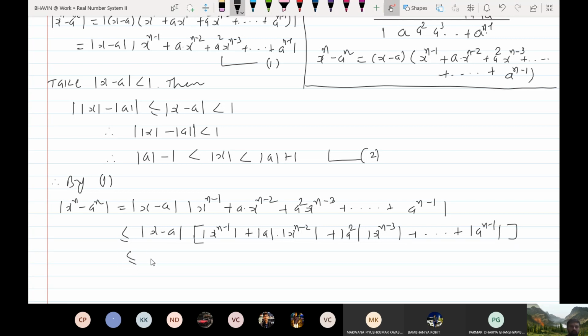Now this is further less than or equal to modulus of x minus a. Now see, modulus of x is less than modulus of a plus 1, so I can write this is less than or equal to modulus of a plus 1 raised to the power n minus 1. I will keep modulus of a as it is. This is nothing but modulus of a plus 1 raised to n minus 2.